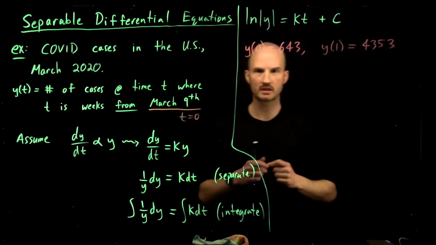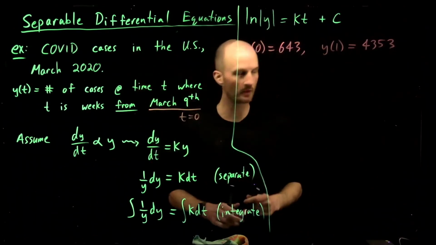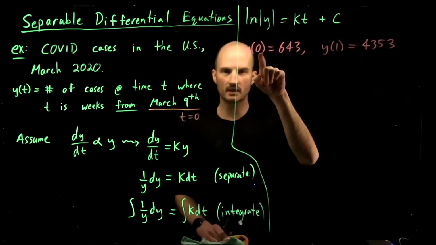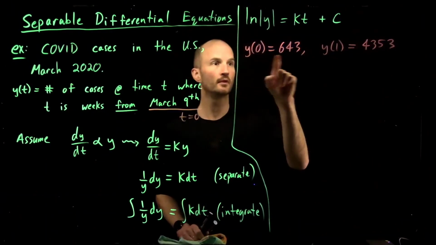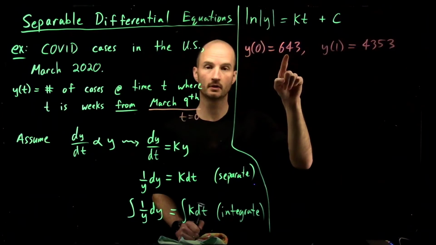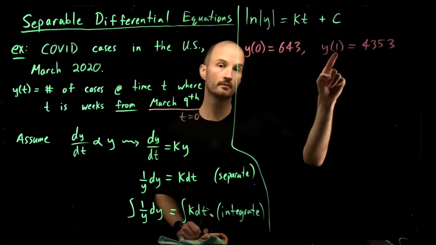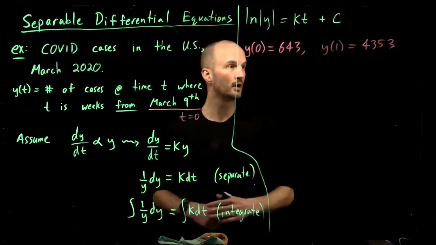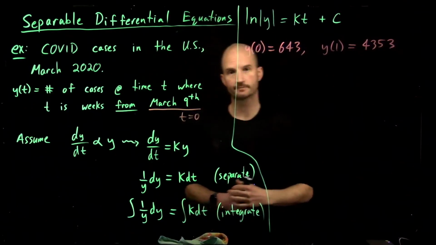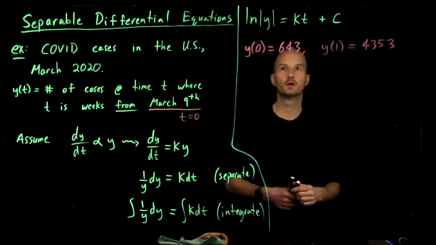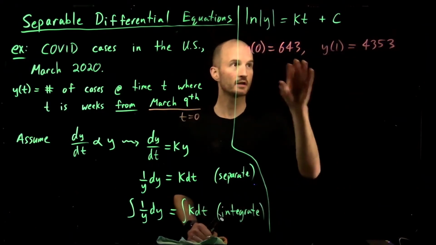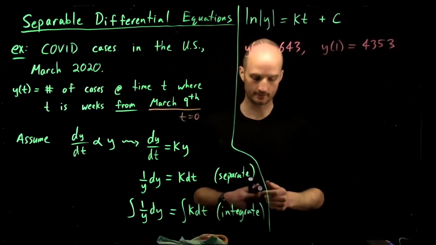Okay, this data will typically be given earlier in the question. So what we're saying here is that initially, March 9th, there were 643 cases in the US, and then 1 week later, it went up to over 4,000. Okay, so we're going to use this information to find k and C.